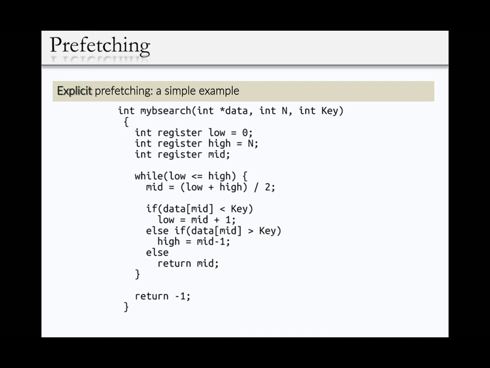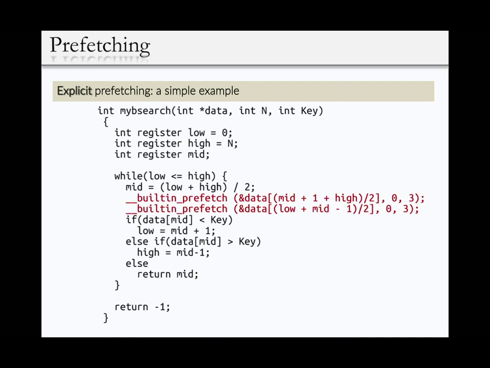If the mid value, this is the mid position, this is the mid value, is smaller than the key, so the key is larger, then you go for the other side, and in the opposite case you go for the left side. So in the first case you put that the low is on the right of mid. In the other case the high is on the left of mid. And the low was already at the left of mid. So okay, it works fine.